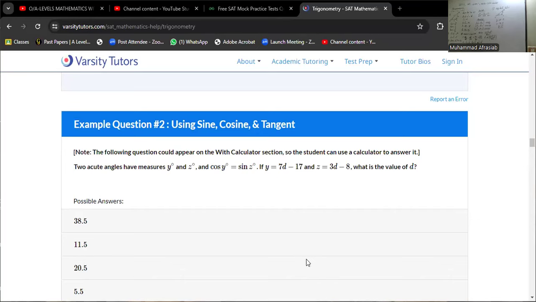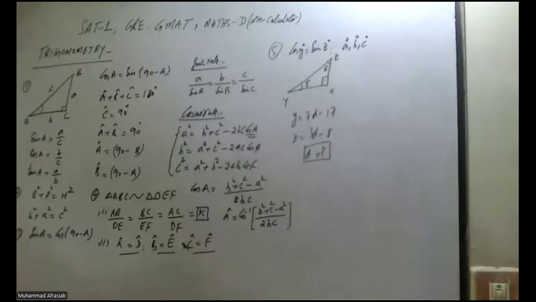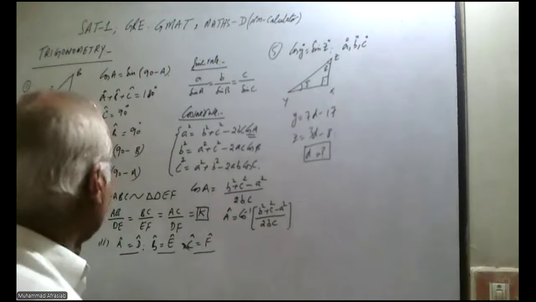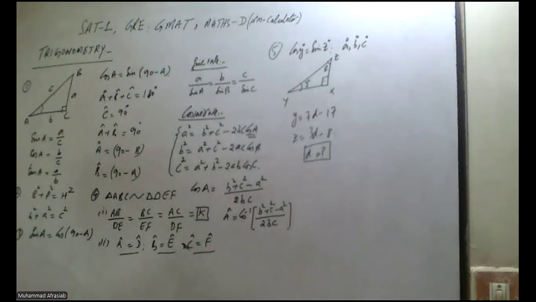So we have this calculation. We know with this property that sine of a is equal to cos of 90 minus a, or cos of a is equal to sine of 90 minus a.